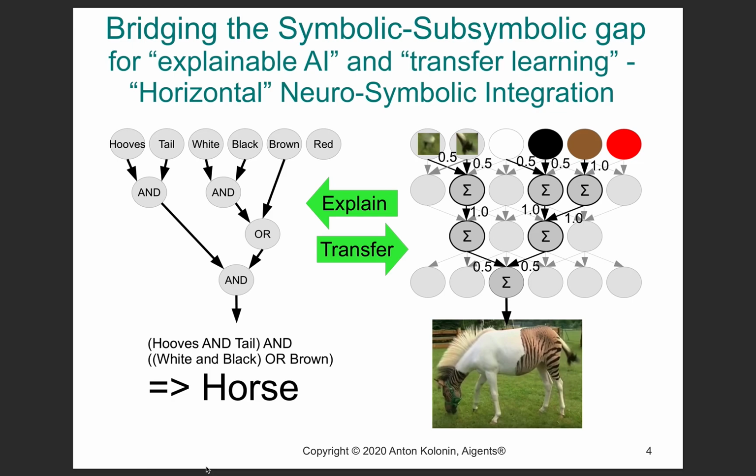And then, given you have the knowledge already present in form of the graph, you can transfer this knowledge back to the neural network, or you can transfer it to another neural network. So you solve the problem of explainability and transferability of the knowledge at once.